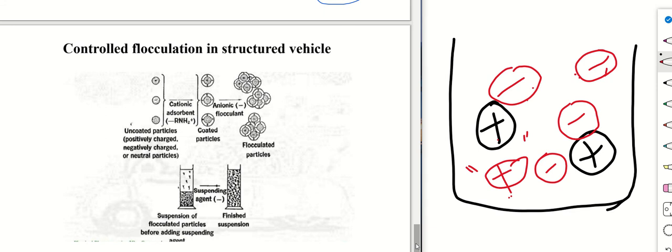Now, this entire explanation is explained in this figure, where we are able to see the drug particles, positively charged, negatively charged, or neutral, and the addition of anionic electrolytes or flocculating agents, right?